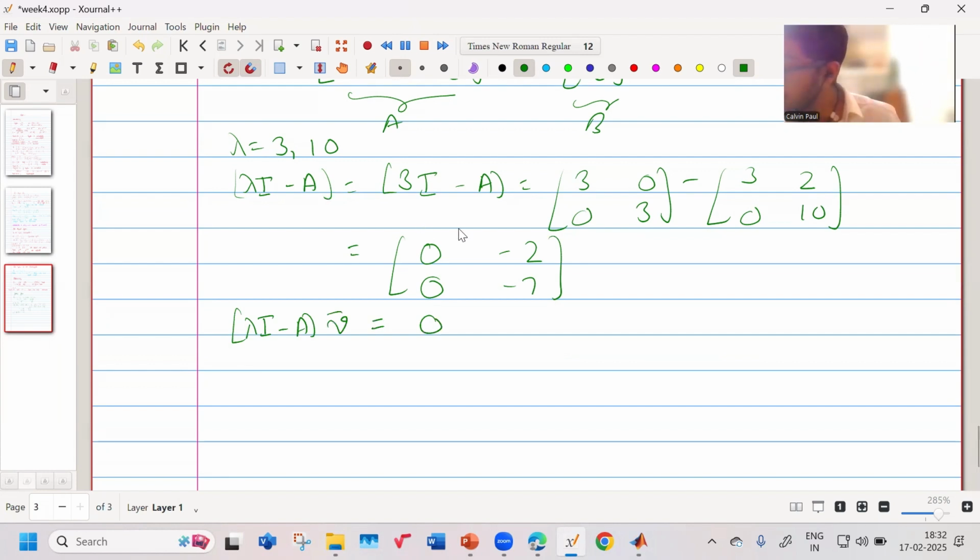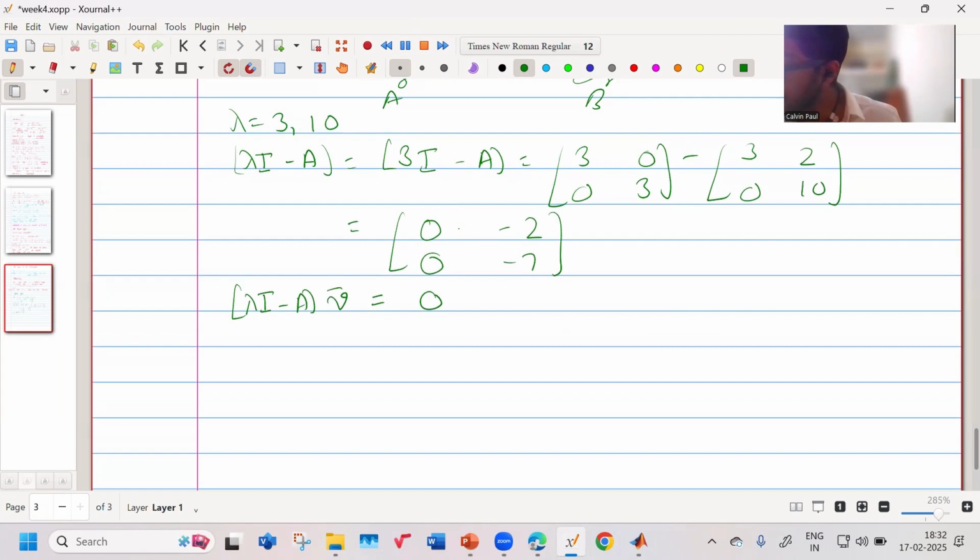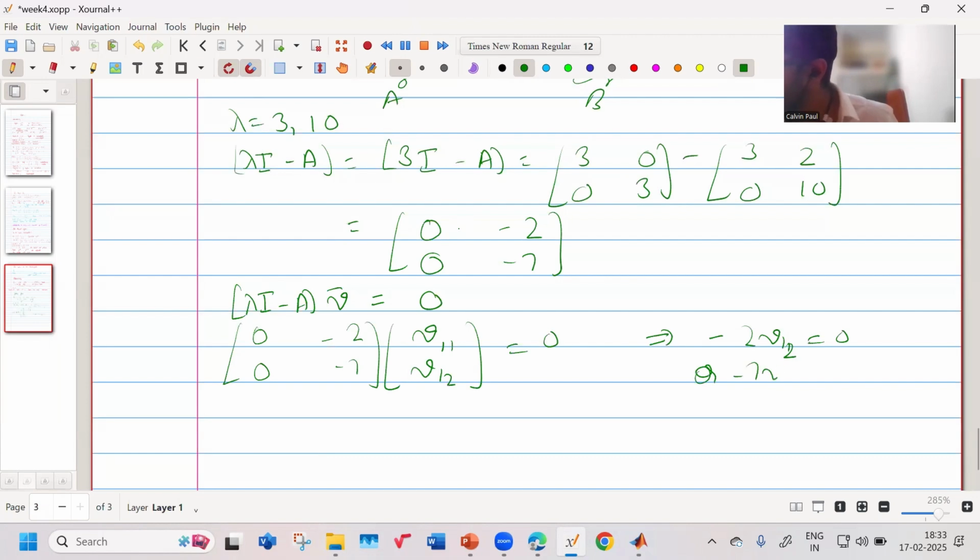So 0 0, minus 2 minus 7, times V11, V12 is equal to 0. From this we get minus 2V12 minus 7V12 is equal to 0. This means my V12 is 0.